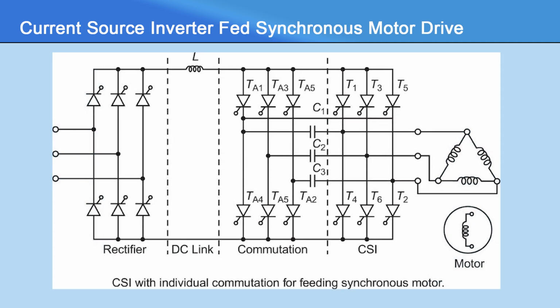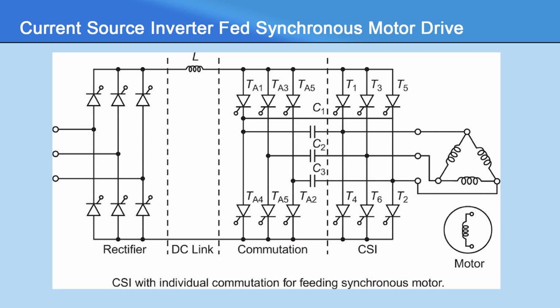So, the last topic is the current source inverter fed synchronous motor drive. The inverter fed synchronous motor has been very popular as a converter motor, in which the synchronous motor is fed from a current source inverter having load commutation.